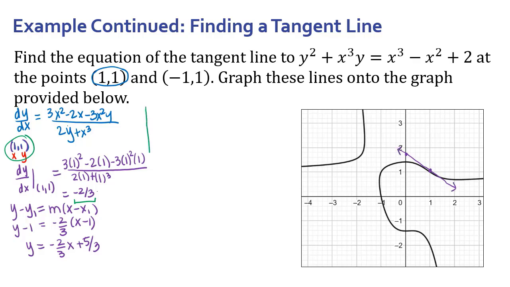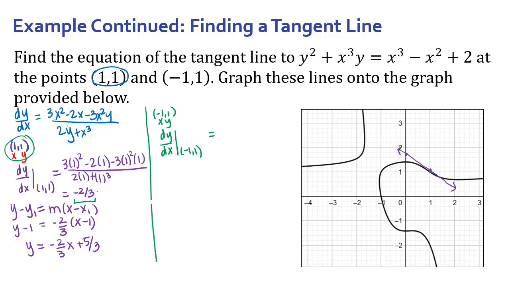Now if we were doing this for the point (-1, 1), there's your x and there's your y. To find the slope of the tangent line there, we substitute those values for x and y into our derivative function, because that's the slope of the tangent at that specific point.